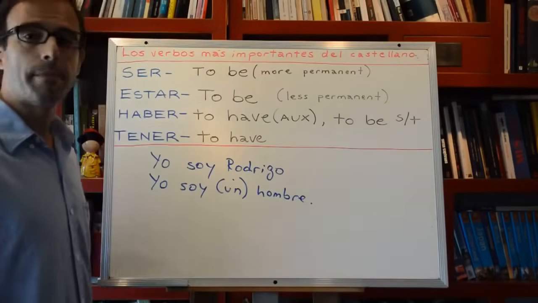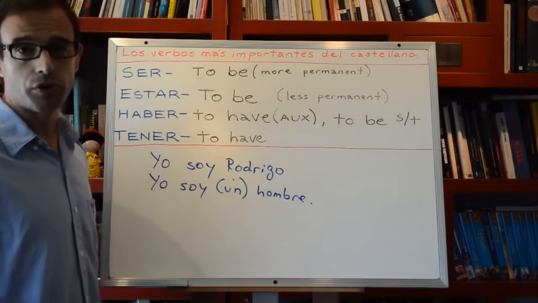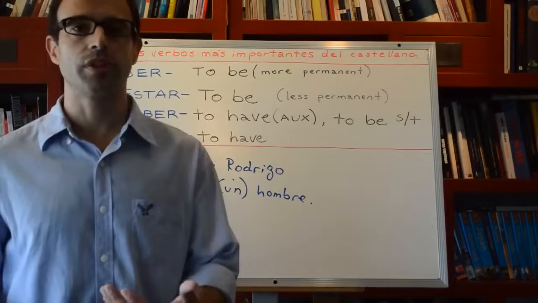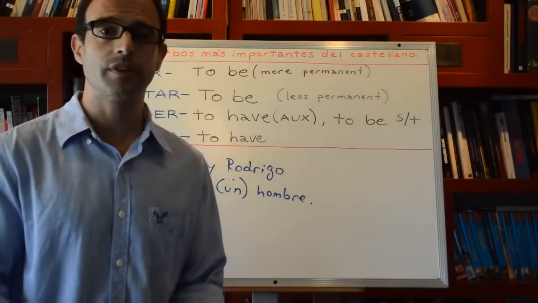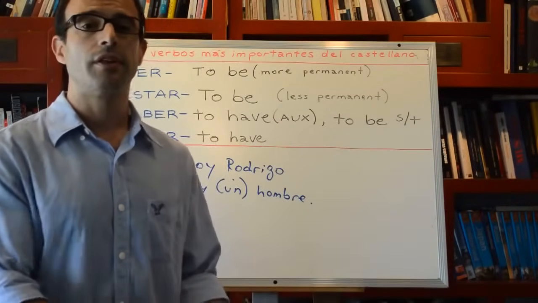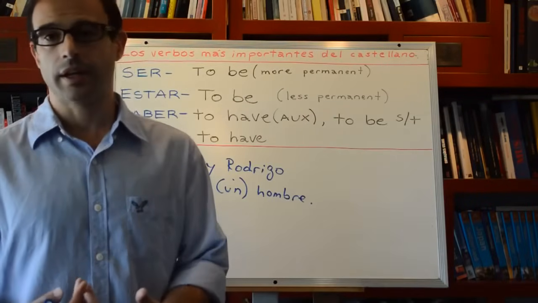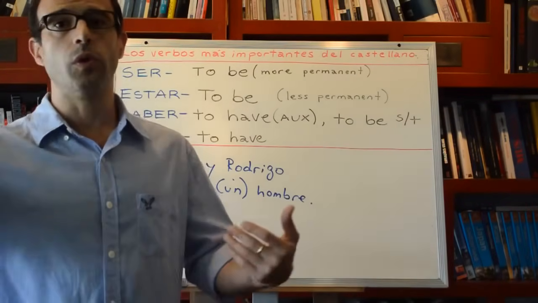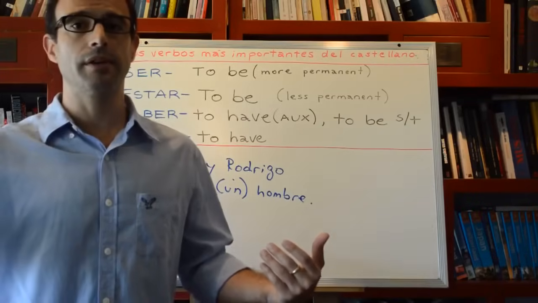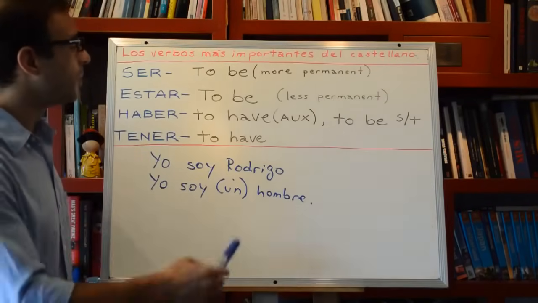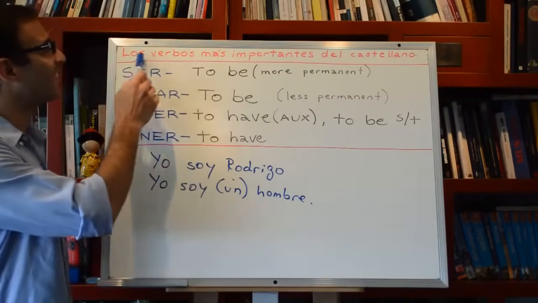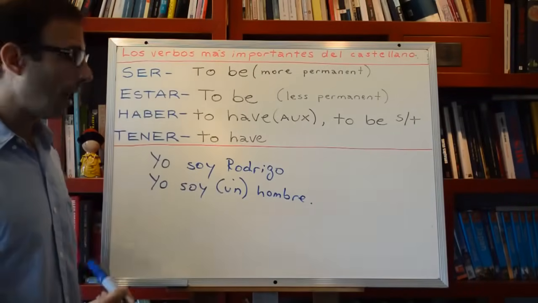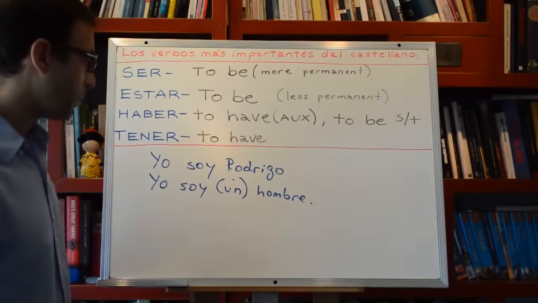I am a man. Yo soy hombre, or yo soy un hombre. Someone's gender is supposed to be something permanent, therefore, supposedly, I will always be a man, right? So, we also use the verb ser, okay? Yo soy un hombre, okay?